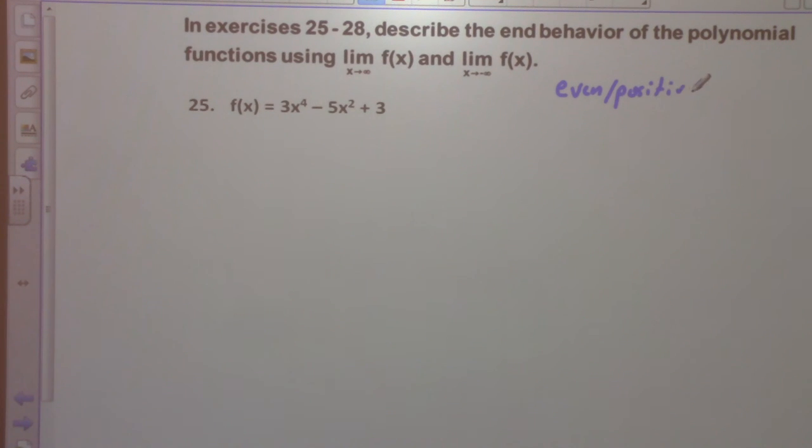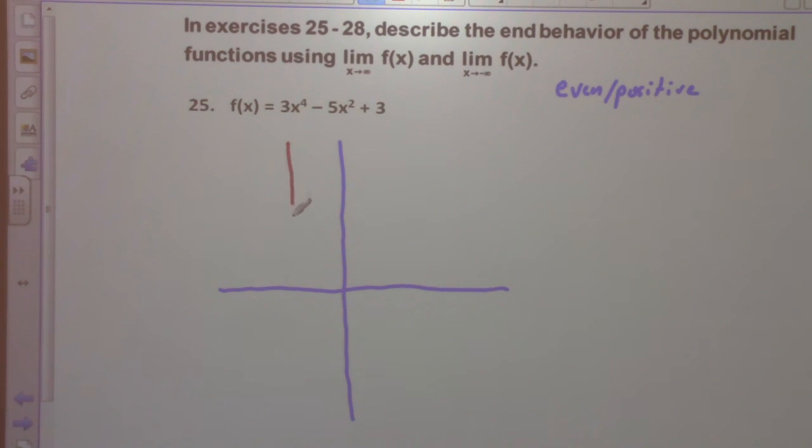And again, it's even natured. It's not necessarily technically an even function. But when we graph that, we don't know exactly what it's going to look like if we don't graph it. But we know it's going to start where and end where. Start low and high? No, it's going to start high, end high.